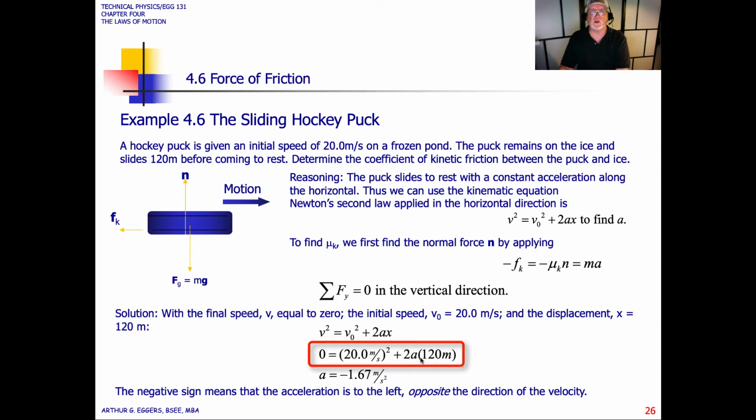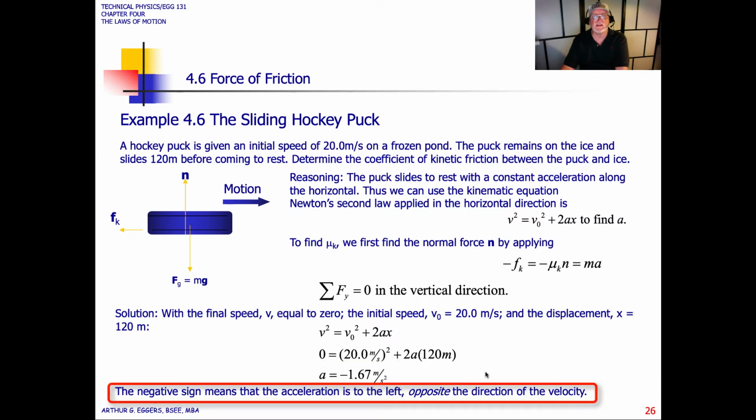We are going to move our terms around here until we get to a, and get all of our values to the right side. So when we solve for that, I'm going to let you do that, we end up with an acceleration of minus 1.67. Why the minus?